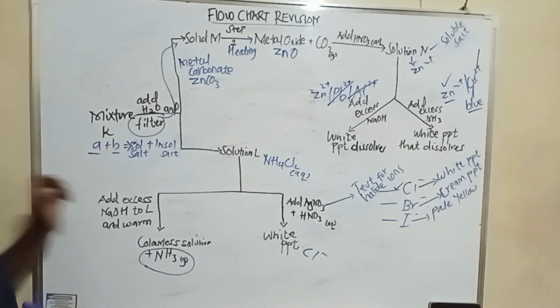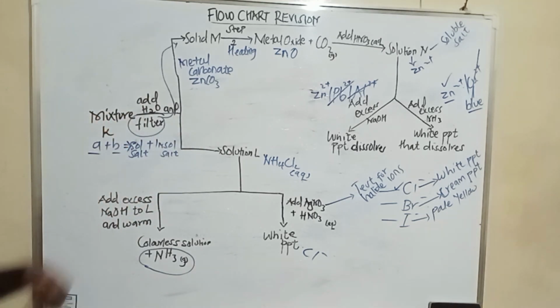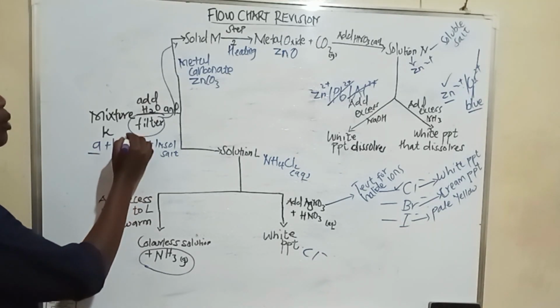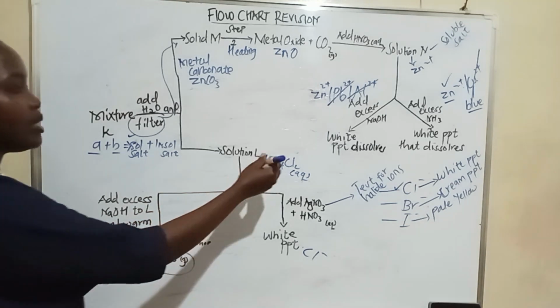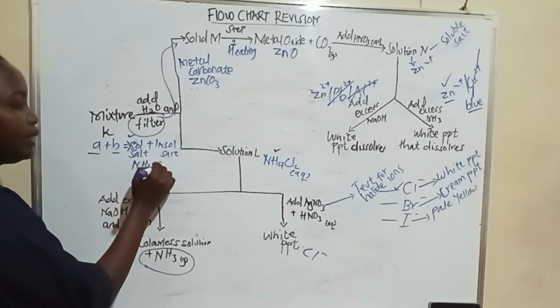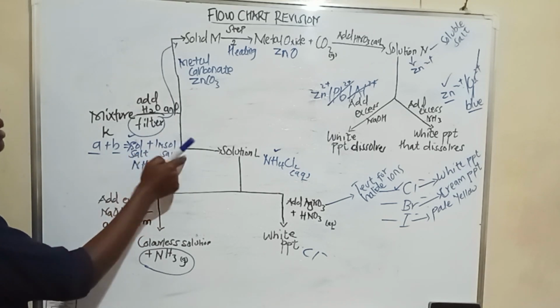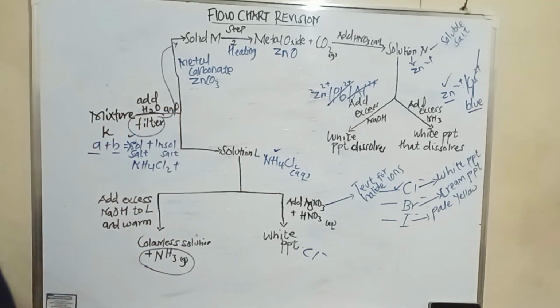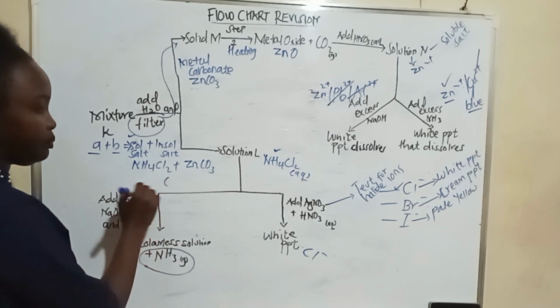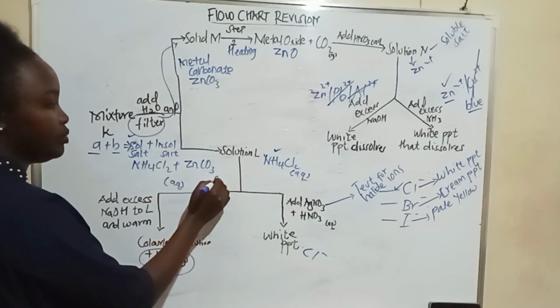Now coming back to our starting point, we said we had a mixture K, which was A plus B to give us a soluble salt, and our soluble salt in this case is ammonium chloride. So we write here the products are ammonium chloride and an insoluble salt, which was zinc carbonate.